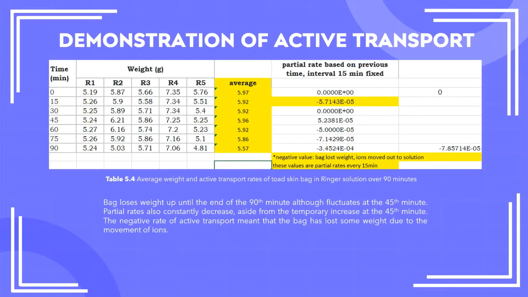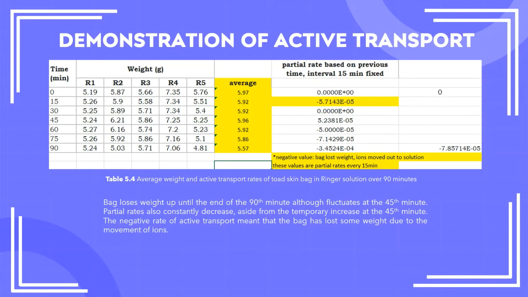For the demonstration of active transport, table 5.3 demonstrates the average weight and active transport rates of toad skin bag in linear solution over 90 minutes. The bag loses weight up until the end of the 90th minute, although it fluctuates at the 45th minute. The partial rates also constantly decrease aside from the temporary increase at the 45th minute.